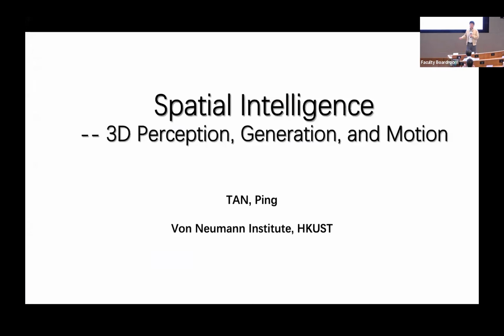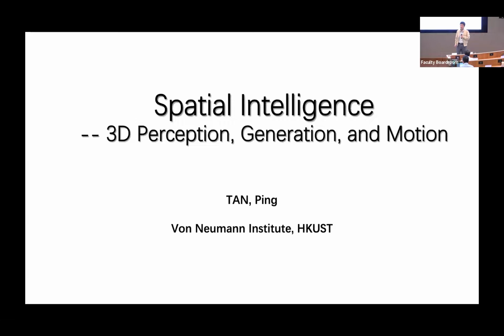So today I'm going to talk about spatial intelligence, which is a fancy name. Actually, my work is still mostly 3D vision, 3D reconstruction, generation, and motion control, but I just follow the trend and call it spatial intelligence.